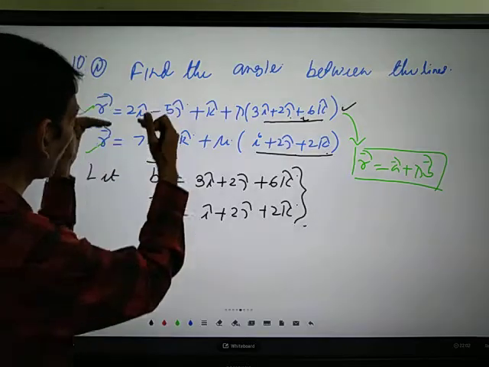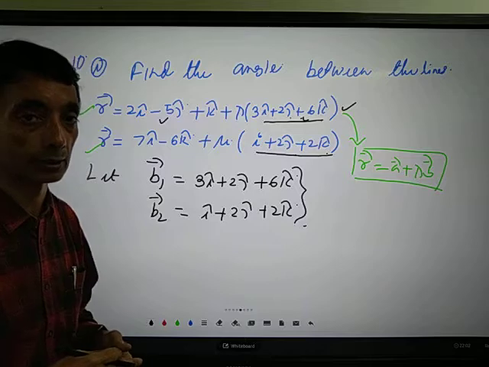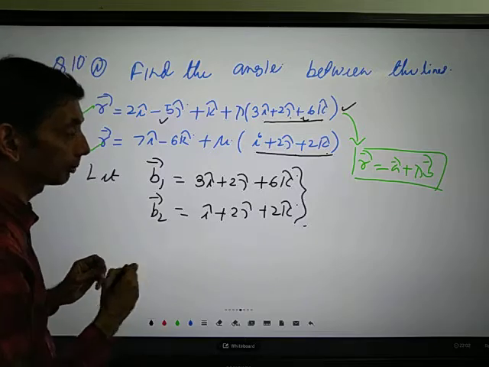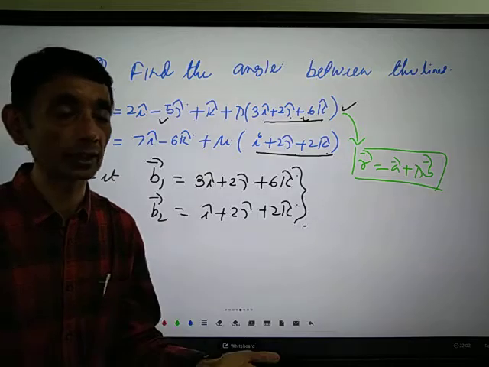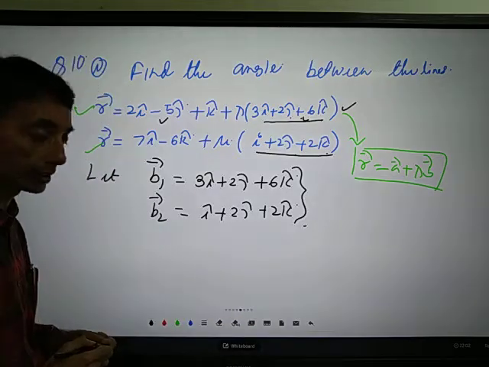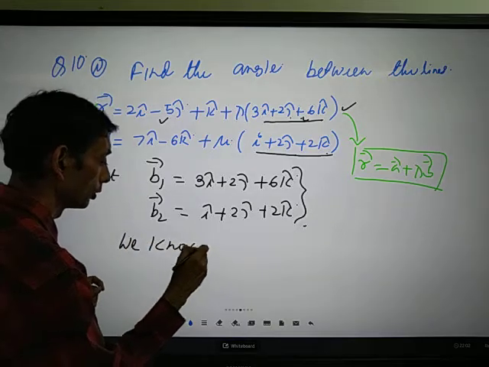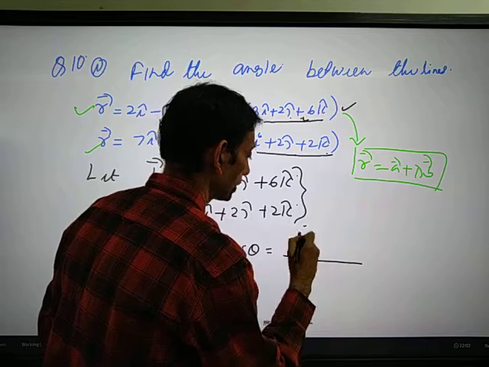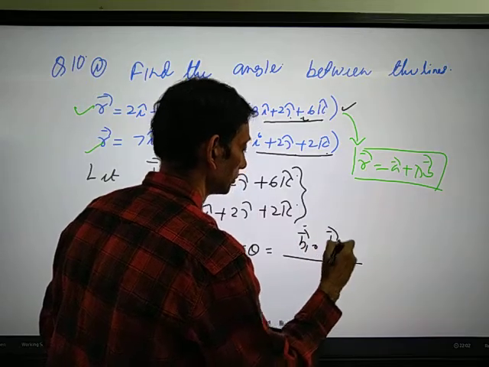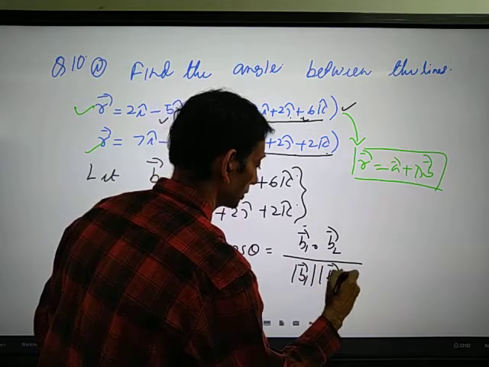So you need to find the angle between the two lines. We will find the angle between these two vectors, right? We know the formula to find the angle between two vectors: cos theta is equal to b1 dot b2 divided by mod b1 mod b2.